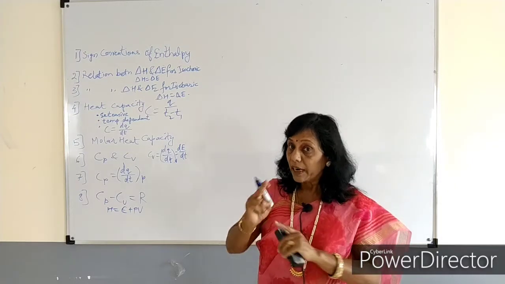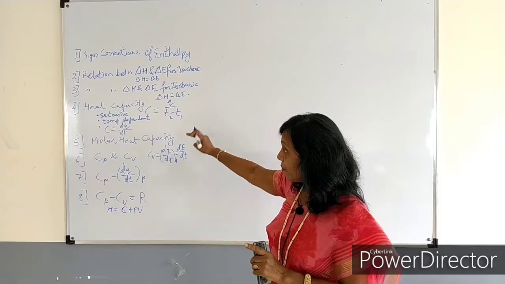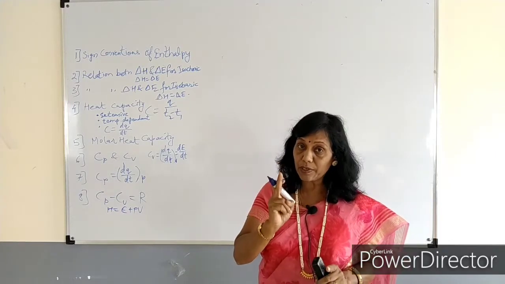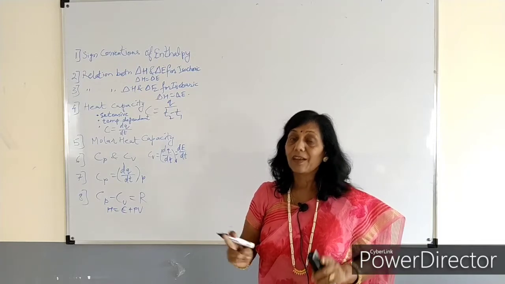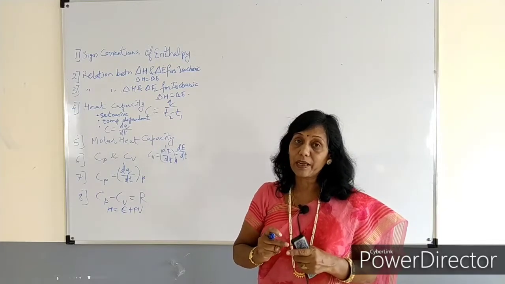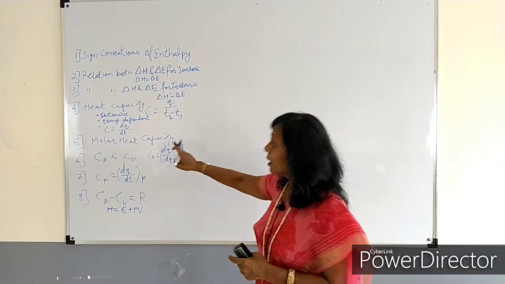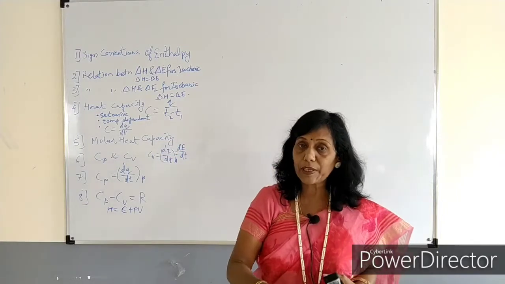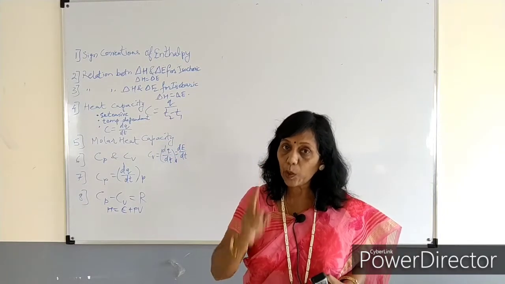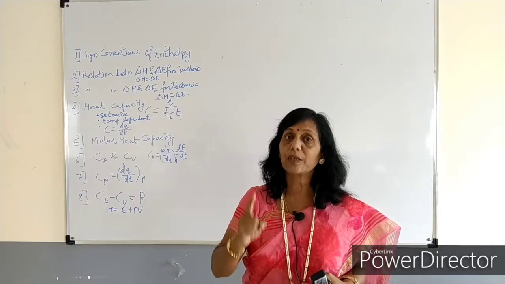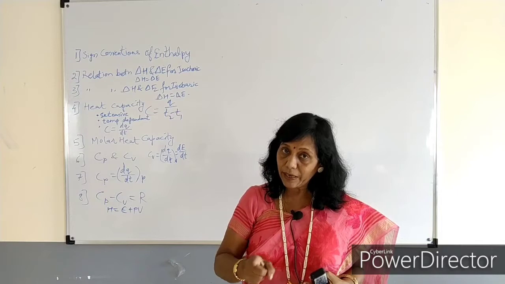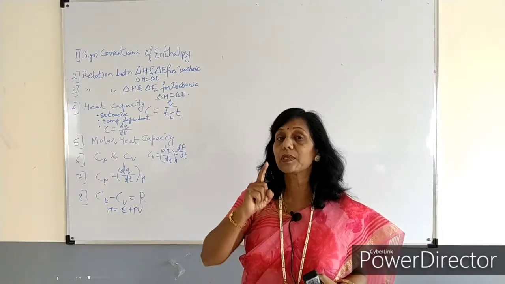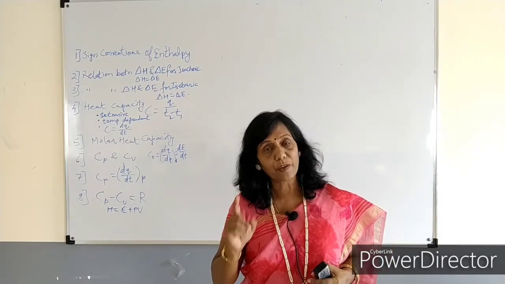I will repeat: molar heat capacity is the amount of heat required to raise the temperature through 1 degree centigrade of the system containing 1 mole of the substance under the given set of conditions.